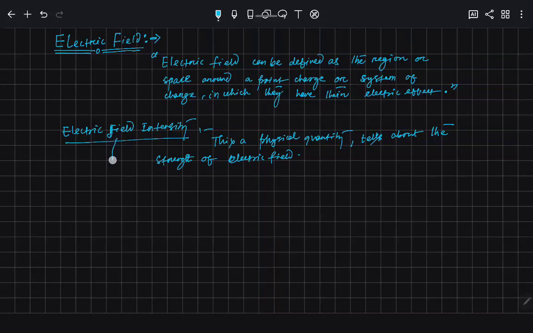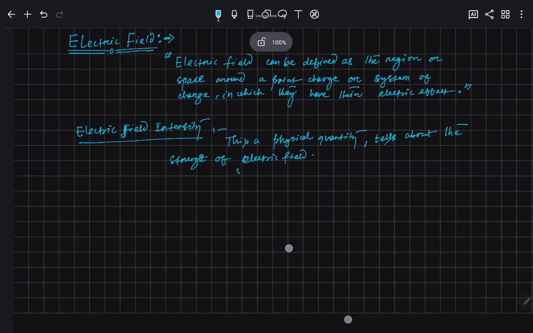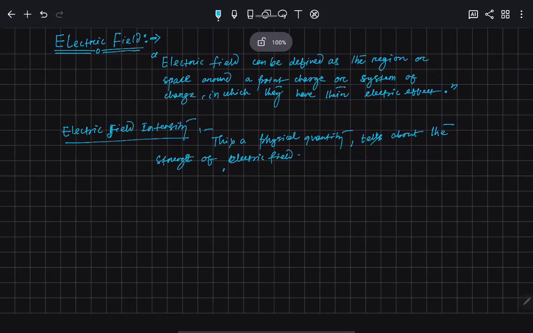In books, or when you are doing problems, this electric field intensity is also named simply electric field, right? So whenever you see electric field, keep in mind that they are talking quantitatively about how strong the electric field is. So generally it's also called your electric field.